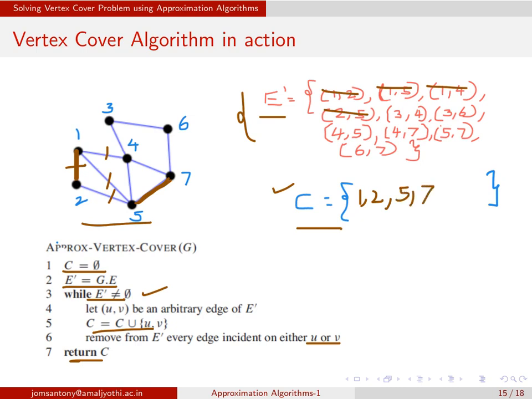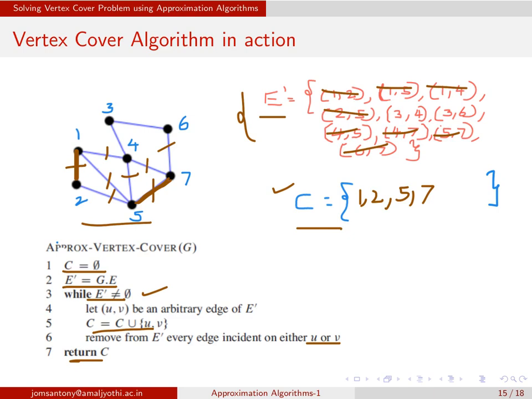And then we will remove every edge incident on either 5 or 7. That means (5, 4) will be deleted. (5, 7) itself will be deleted. (7, 4) and (7, 6) also will be deleted. Now let us delete those edges from our edge set. So (4, 5), (4, 7), (5, 7) and (6, 7) will be deleted.